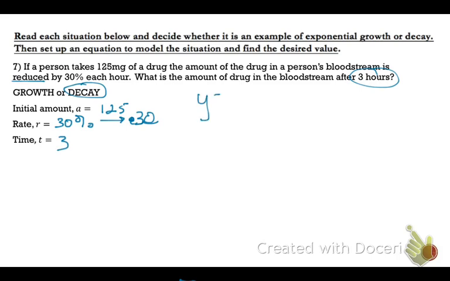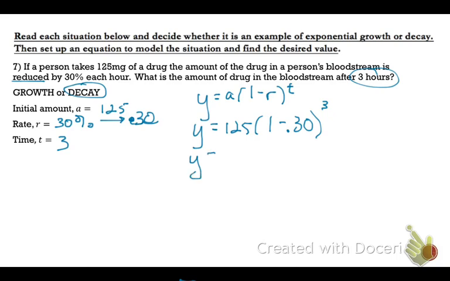So this time we're going to use our exponential decay. We're going to subtract that rate of decrease. So it's 125 times 1 minus 0.30. Do what's inside parentheses first.